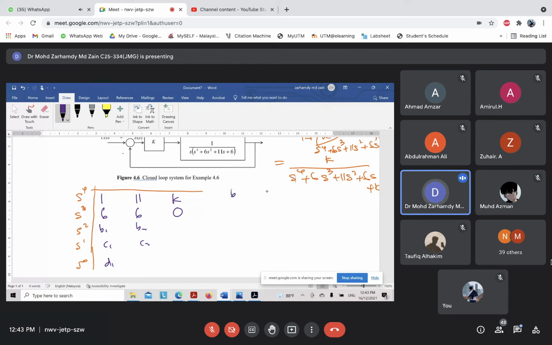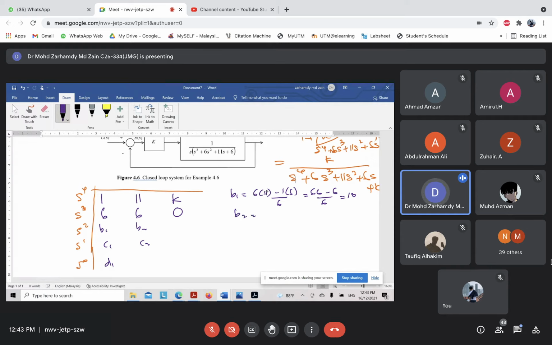So we have B1. B1 is easy. 6 multiplied by 11 minus 1 multiplied by 6, over 6. So from here we have 66 minus 6 over 6, so we have 10. So this is B1.